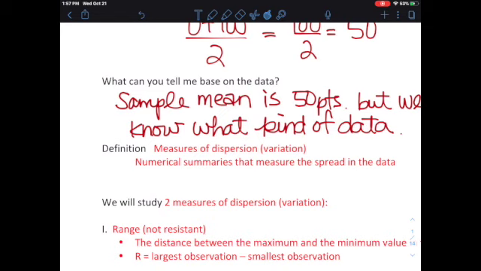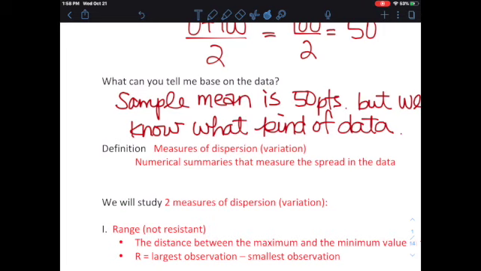And the range is very important that you guys have to think about. It's not resistant. And what does that mean? That means when you have a high range or low range compared to a different kind of range, you will pull that range number in different directions.